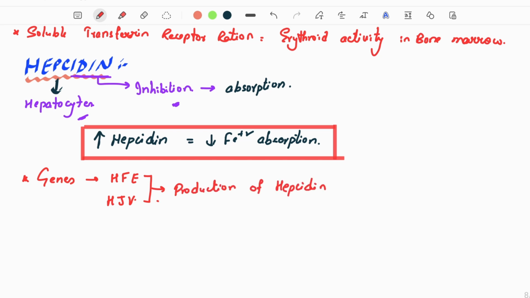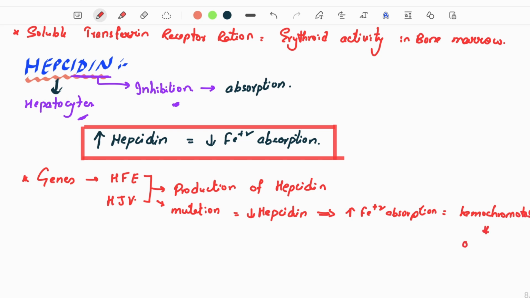So in case they get mutated, then the decrease in hepcidin leads to increase in iron absorption, which leads to hemochromatosis, meaning iron overload. So these 2 genes are very important.